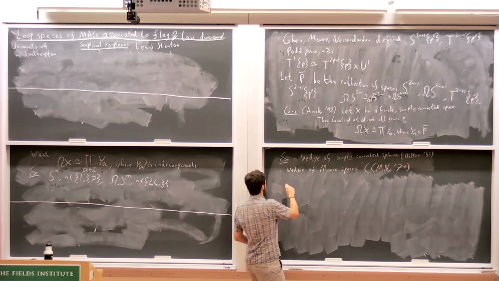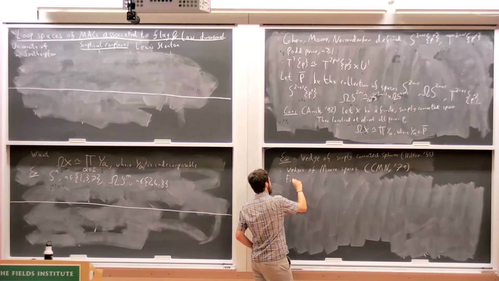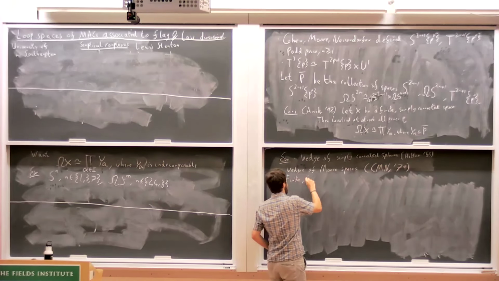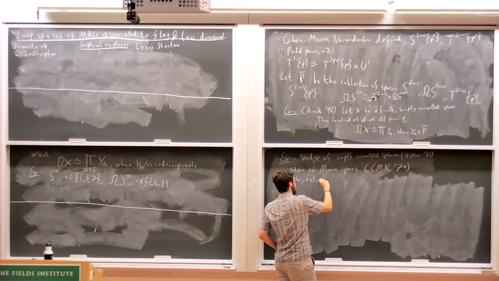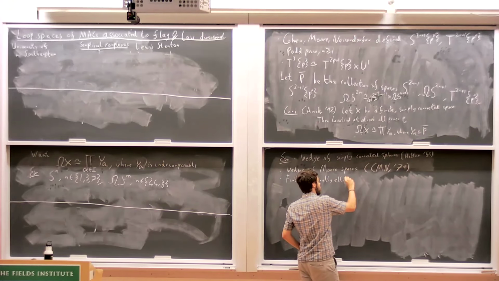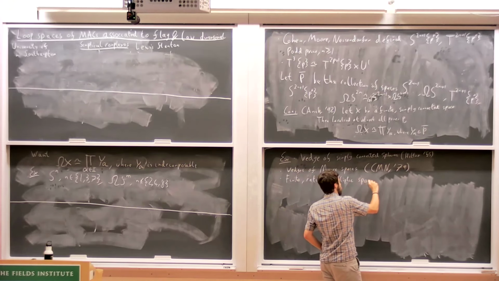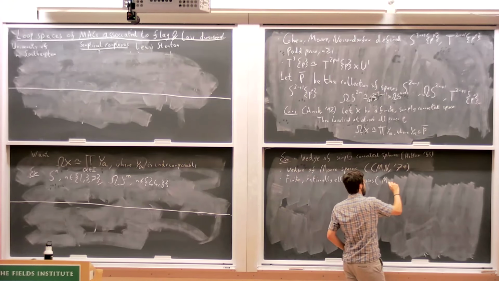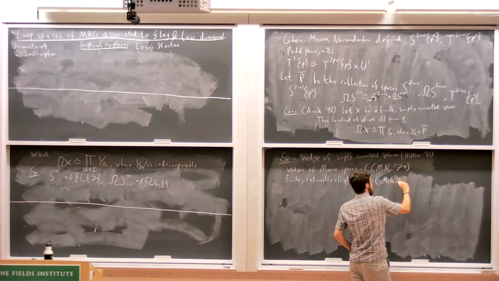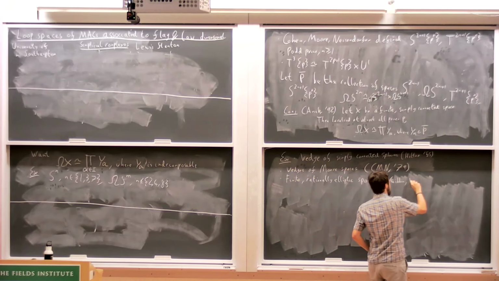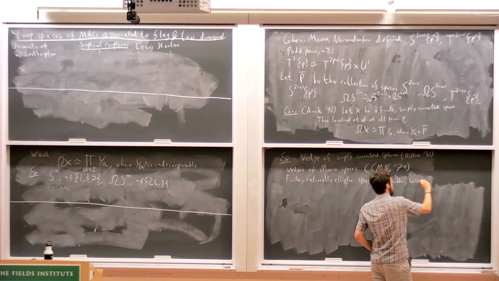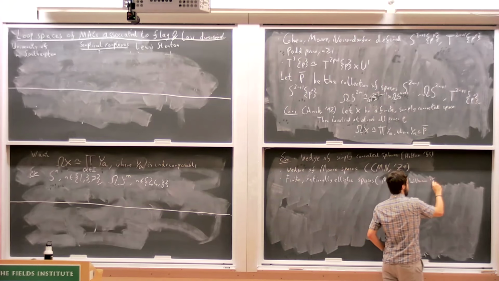And in a slightly different direction, it was also proved for finite rationally elliptic spaces. This was by McGibbon and Wilkerson in '86.